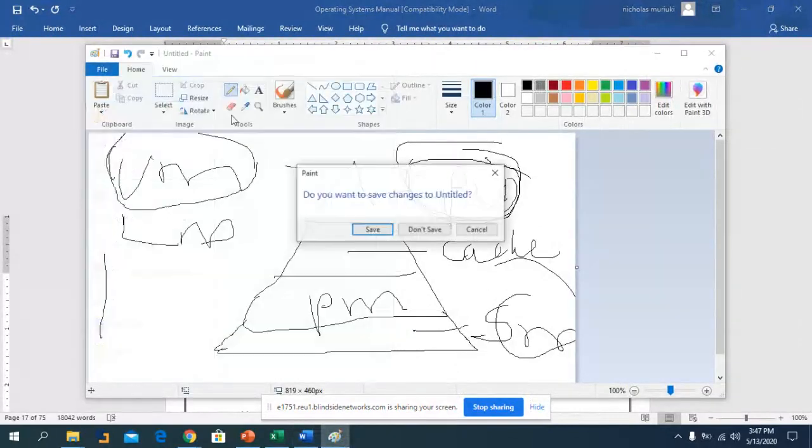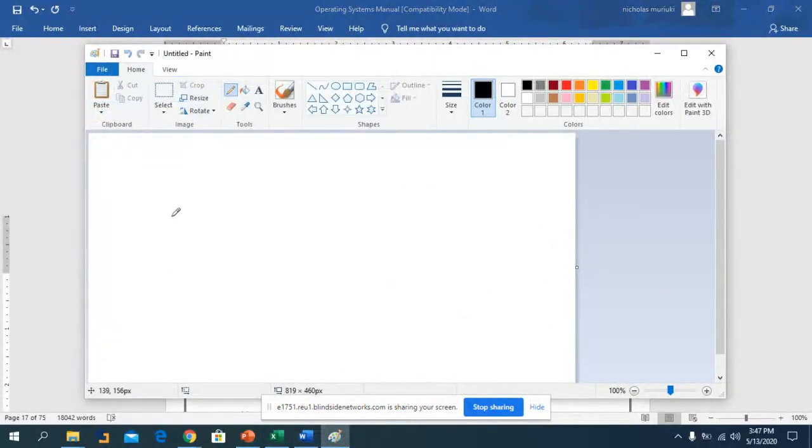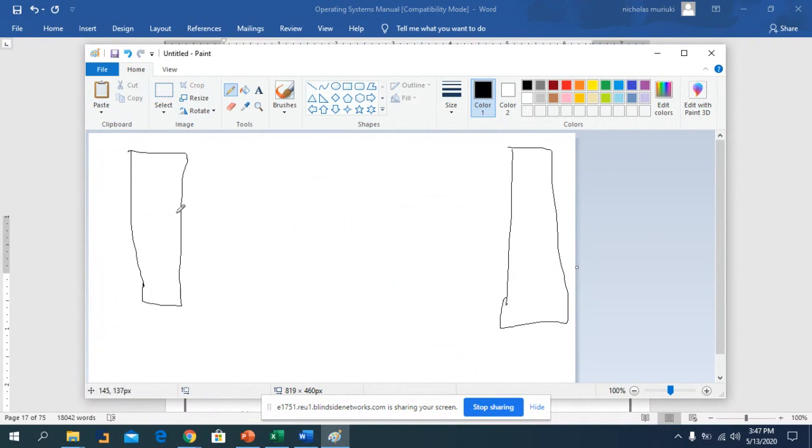We have an allocation here, and a physical allocation here. Some processes are moving to the logical addressing, and the other ones are moving to the physical addressing.